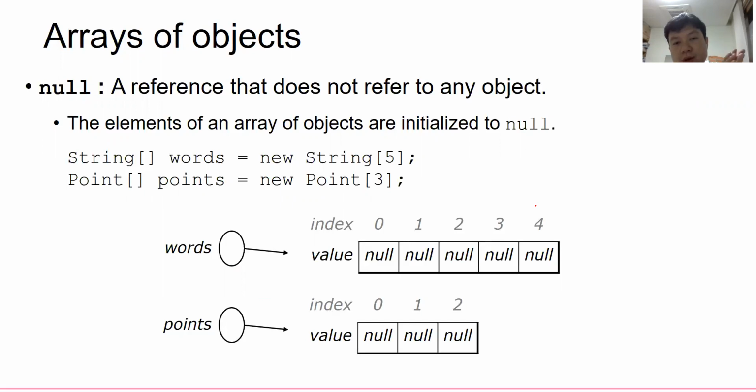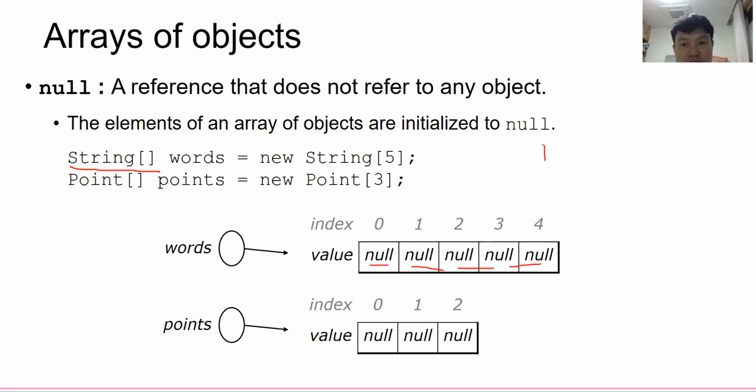When you have the reference, you still remember when you have an array. You need to be really careful that whenever you create an array of strings, it will be null.